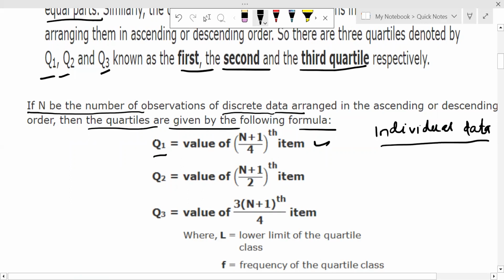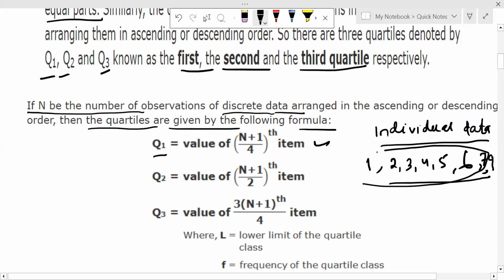The data we are arranging in ascending order, for example 2, 3, 4, 5, 6, 7, 9, means increasing order.